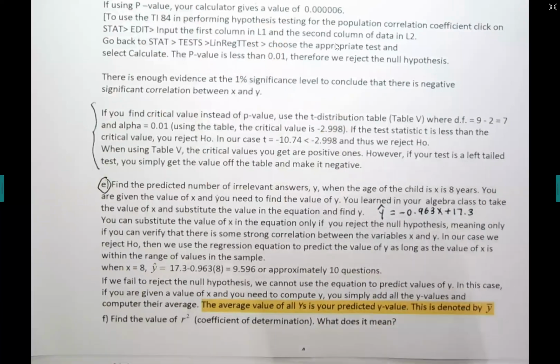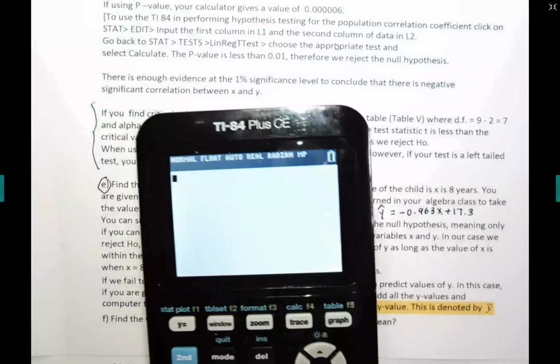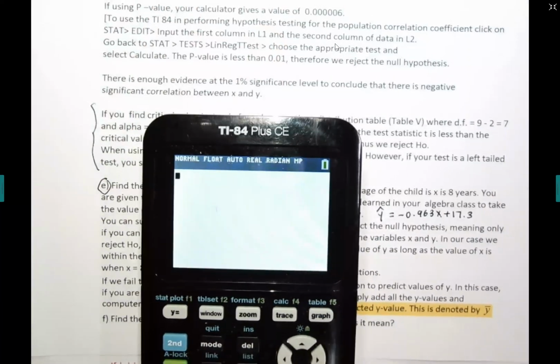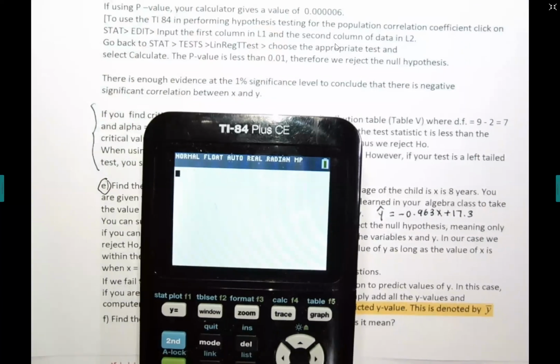Okay, so how do we find the number of irrelevant responses Y when x is 8? So look what you do, guys. Negative 0.963 times 8, I'm replacing x with 8, plus 17.3.